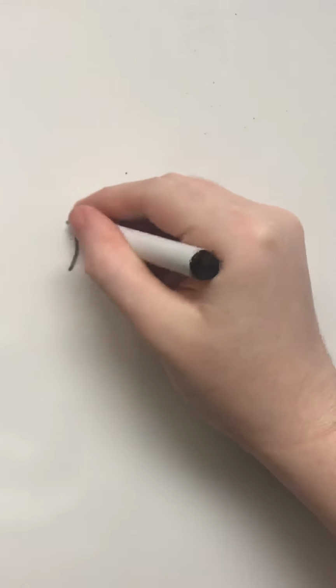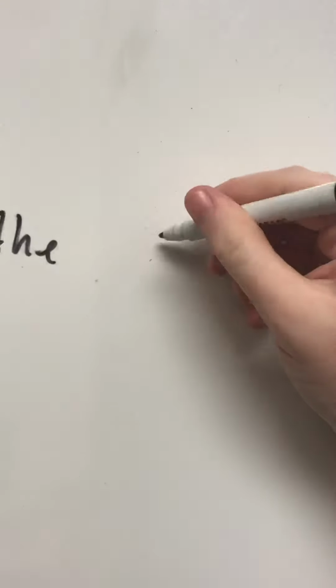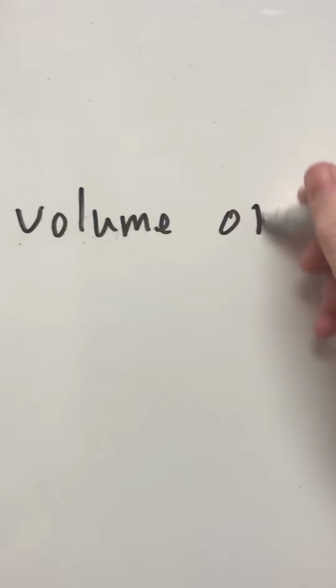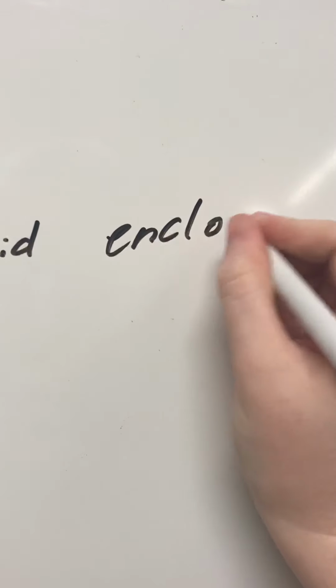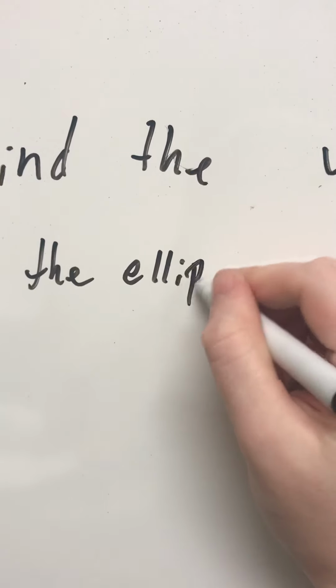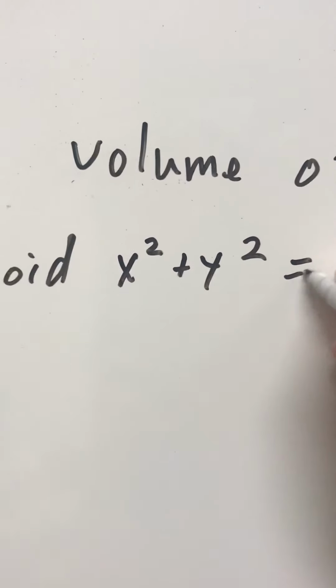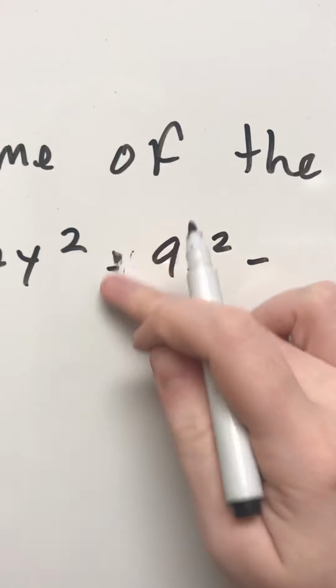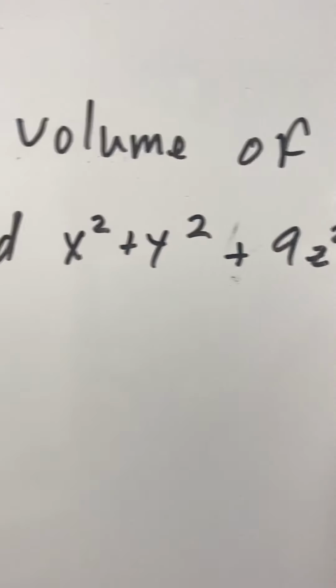So we want to find the volume of the solid enclosed by the ellipsoid x squared plus y squared plus 9z squared equals 9.